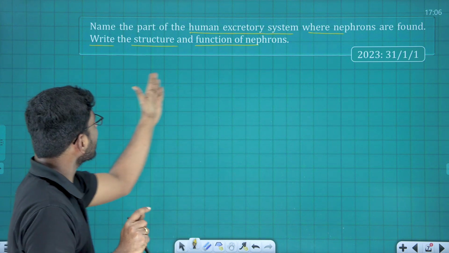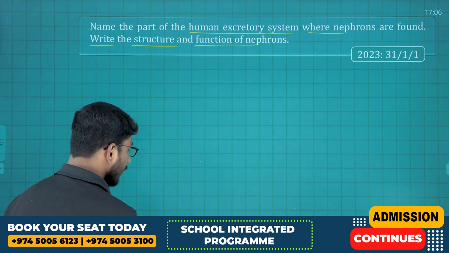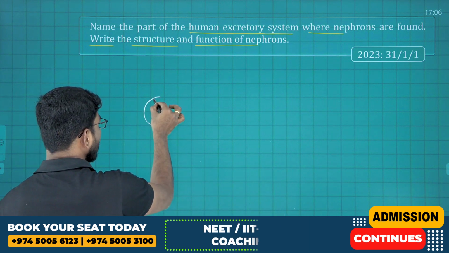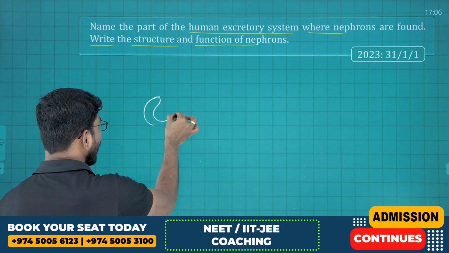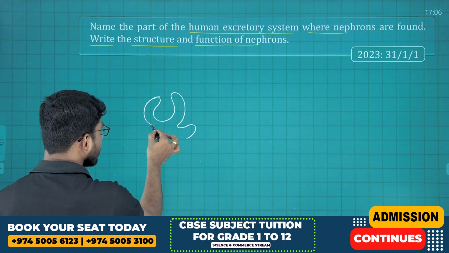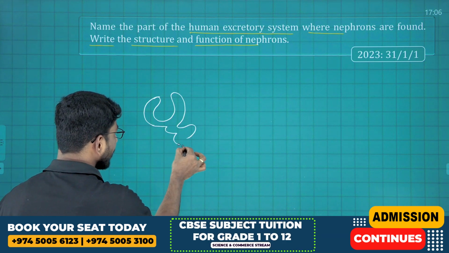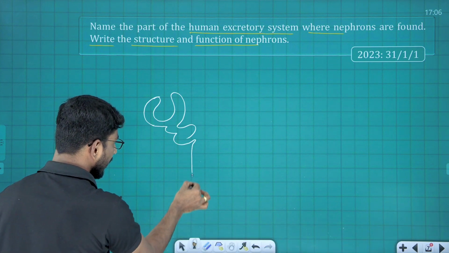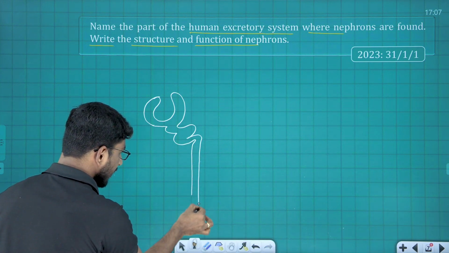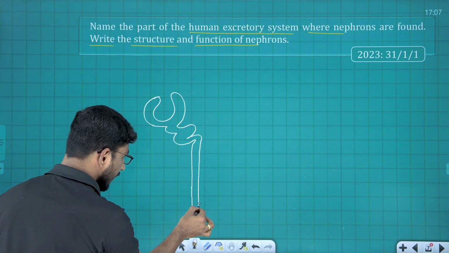Now they're asking, write the structure and function of nephron. I told you this one. Each nephron consists of a small cup-like structure called the Bowman's capsule. And this Bowman's capsule is connected to a highly twisted tube-like structure called PCT. PCT opens into the descending limb of loop of Henle.